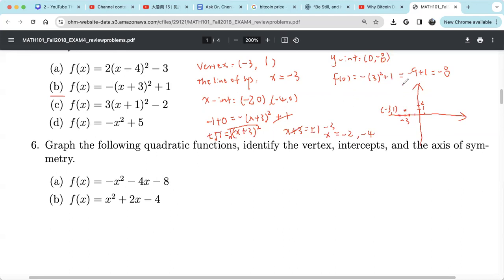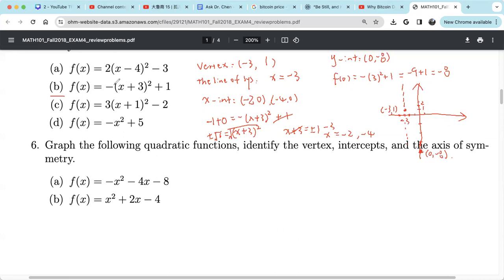So the line of symmetry is x equals negative 3. And the y-intercept is (0, -8). Let's see, this is 2, 4, 6, 8, somewhere here. (0, -8), that's our y-intercept.